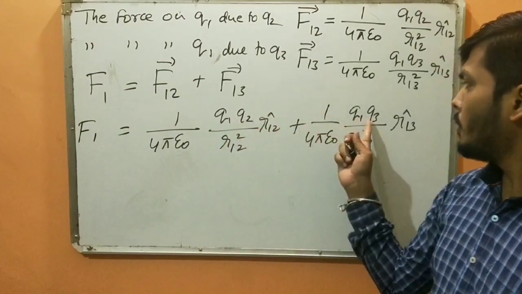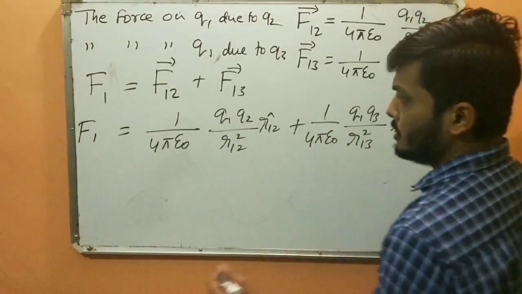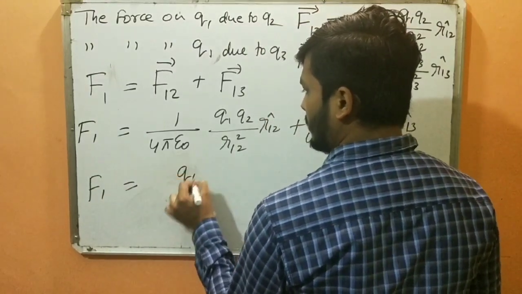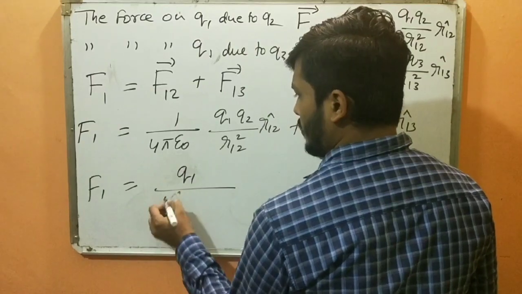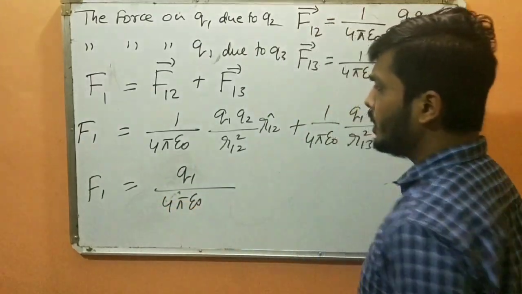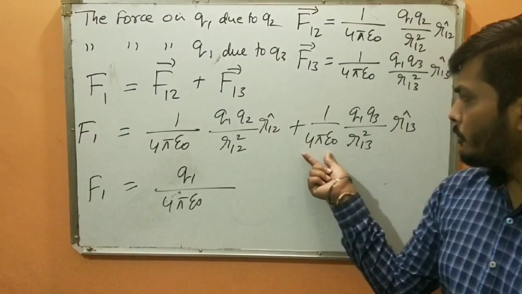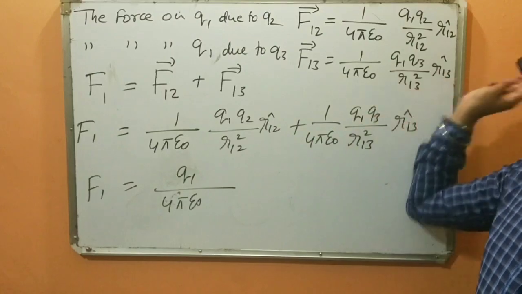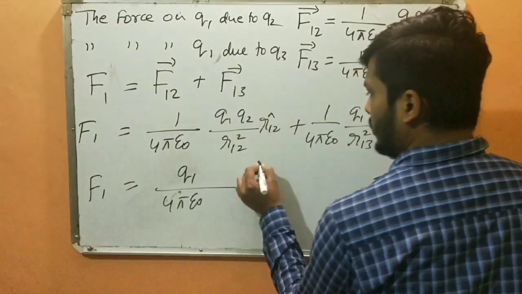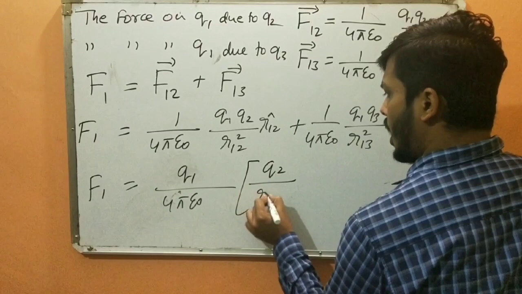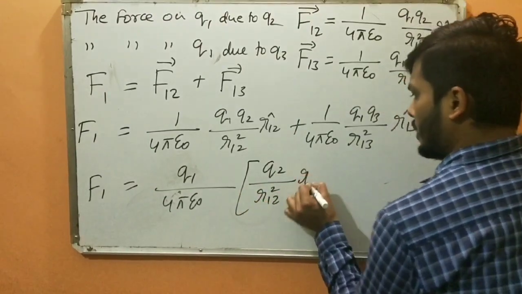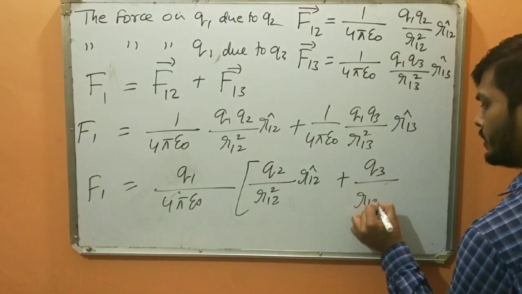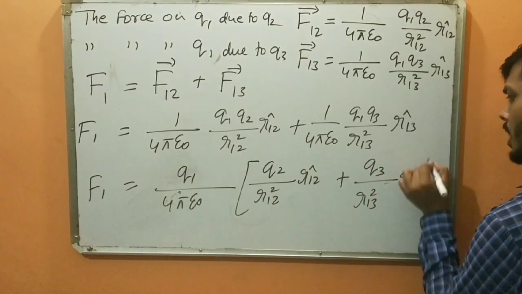Whereas Q1 is also common. So I'll take this term outside. What will be inside the bracket? Q2 by r12 the whole square into the unit vector of r12, plus Q3 by r13 the whole square into the unit vector r13. Yes or no?